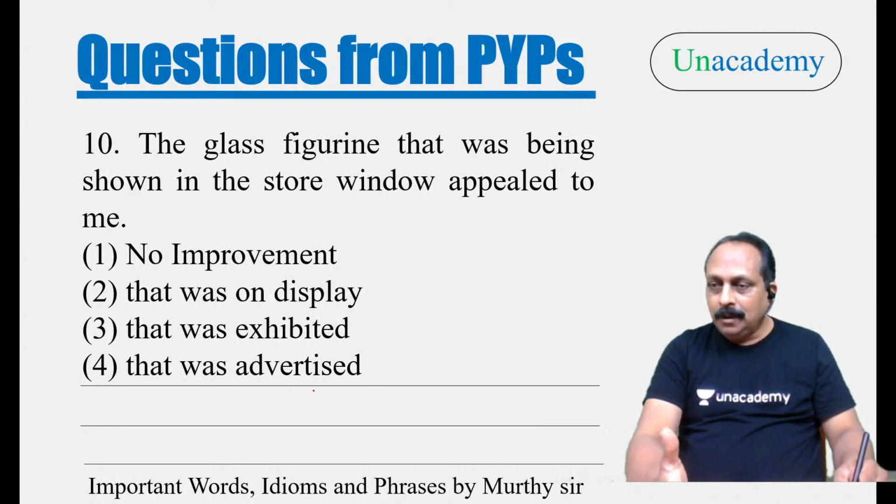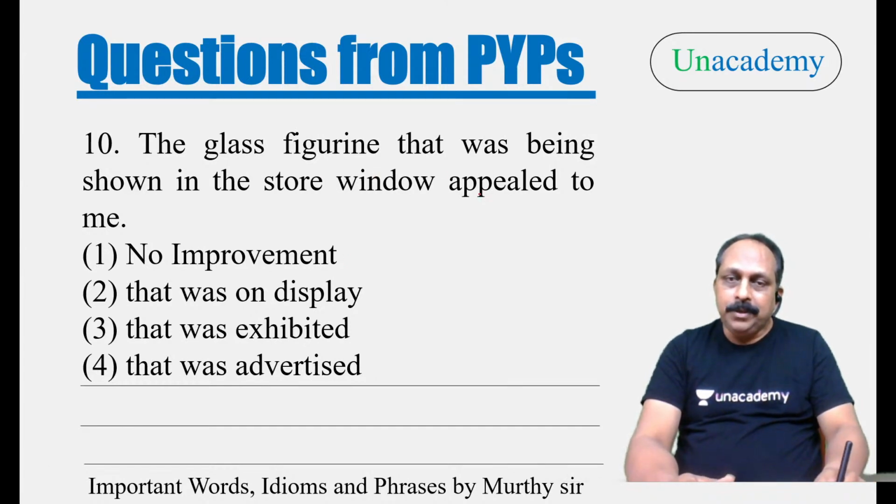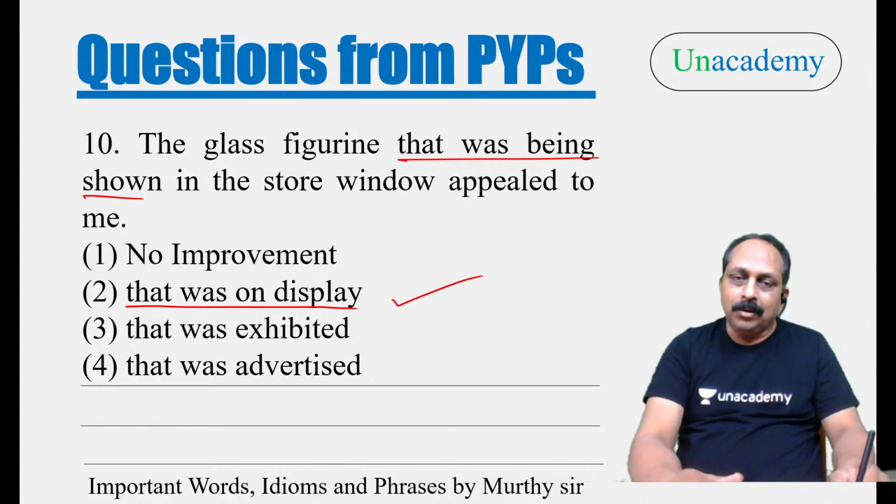Shrishti is the first one to answer. Anisha also has answered. Same option. Yes, the glass figurine that was being shown. That is not correct. That was on display. When you go to a shop, you see something on display.